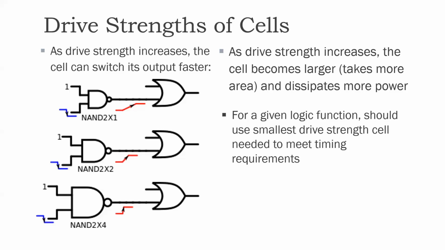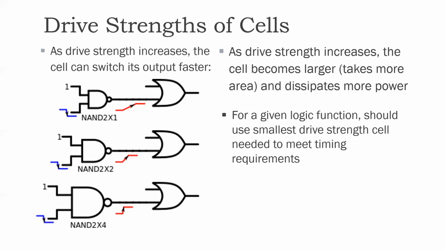Even though higher drive strength cells can operate at higher speed, the problem is that they also give you more area and therefore drive up costs. Also, the higher drive strength cells will consume more power because the transistors are wider, so there will be more current flowing through those high drive strength gates, and therefore more power is dissipated.